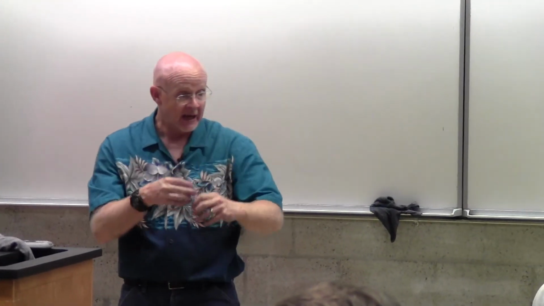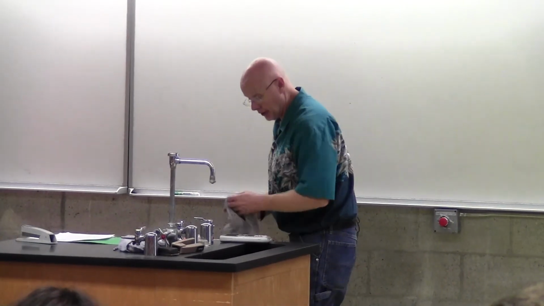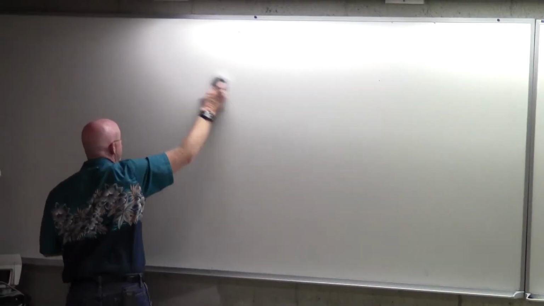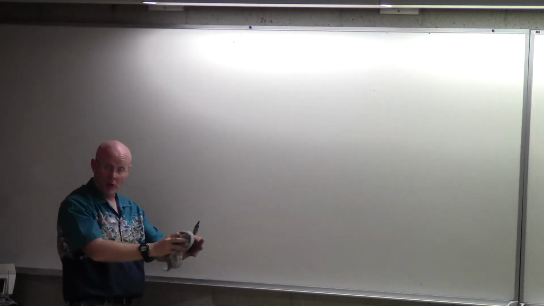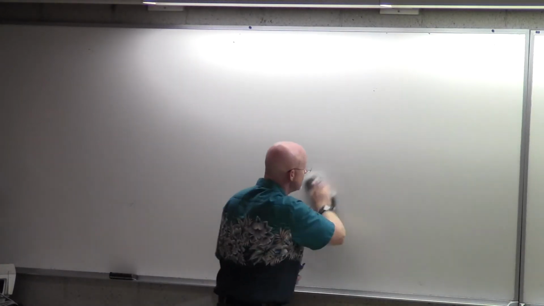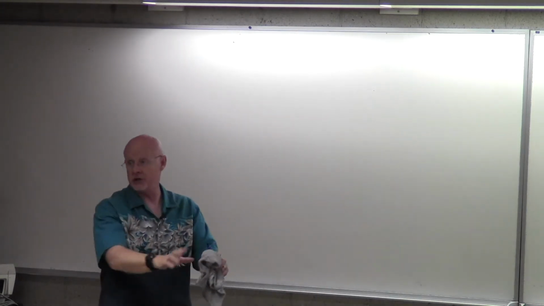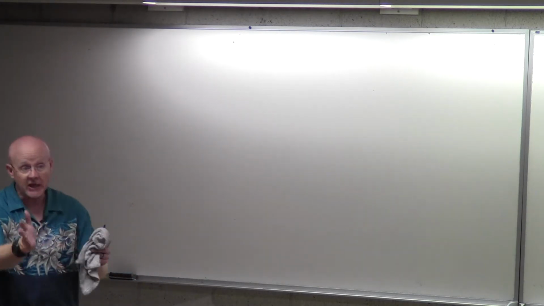You have the reactance from the inductor, the reactance from the capacitor, and the resistance from the resistor. The three of those are opposing the current for different reasons. The inductor uses Faraday's law, and so high frequencies are opposed more than low frequencies in the inductor. The reverse is true for the capacitor. The capacitor opposes the low frequencies. The resistor opposes all of them equally.